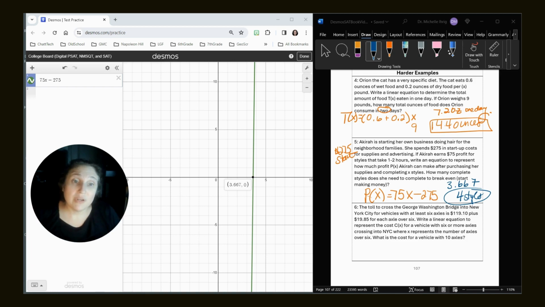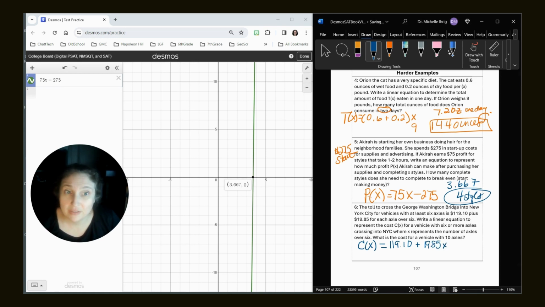So remember in a previous video, we had to take out that $4,000 profit. In this case, we don't because x stands for how many extra axles. So that's all. x stands for extra axles. So we've got our C of x equals the 119.10 plus 19.85 per extra axle.